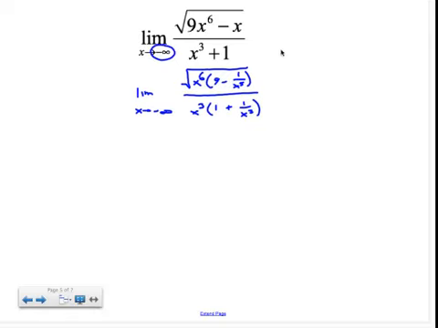I now have the square root of two numbers being multiplied. You'll recall from pre-cal that that's going to be the product of the two square roots. So I can break the square root of x to the 6th times 9 minus 1 over x to the 5th into the square root of x to the 6th times the square root of 9 minus 1 over x to the 5th.